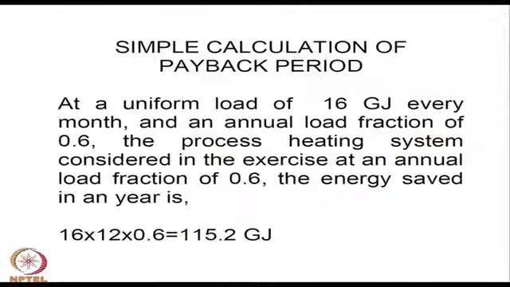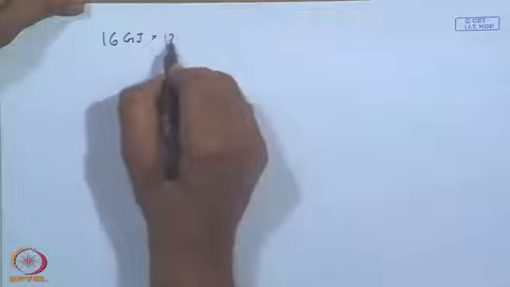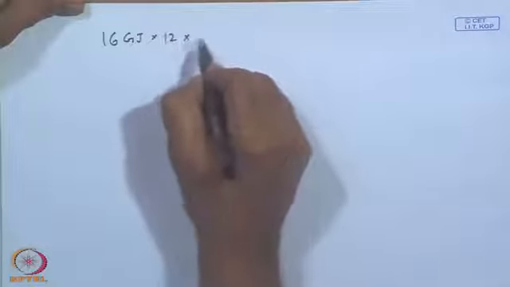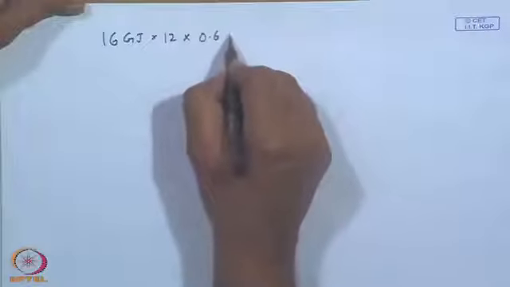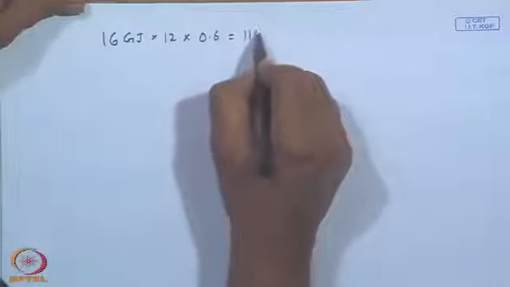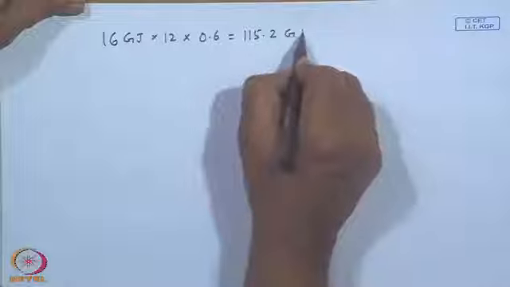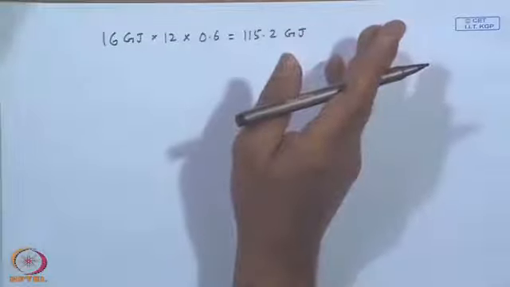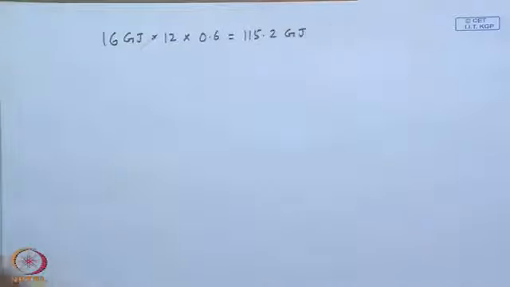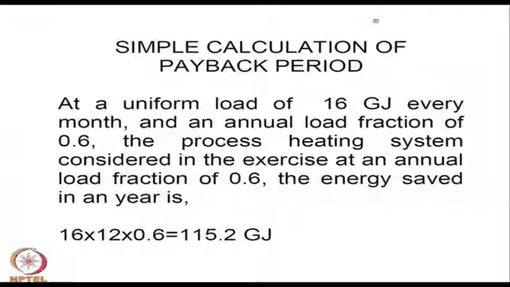So, the first year savings at the rate of 16 gigajoules per month for 12 months at a solar load fraction of 0.6 will turn out to be 115.2 gigajoules. These are consistent numbers, only I am doing it for 1 year, so that my payback period is the total cost upon the 1 year savings.